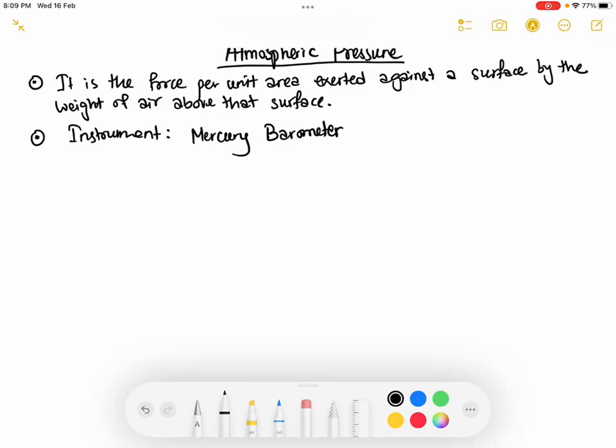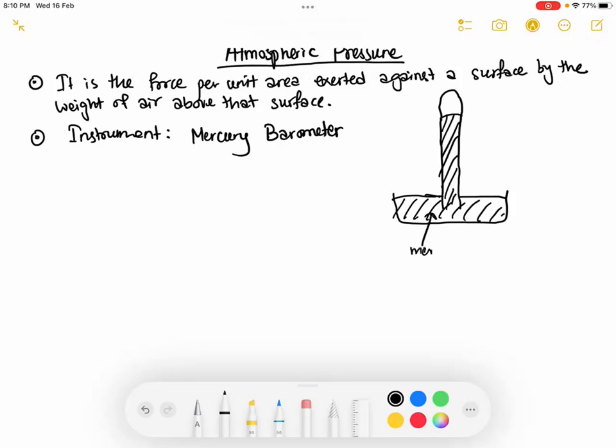So if we want to sort of draw this, this is the mercury reservoir.